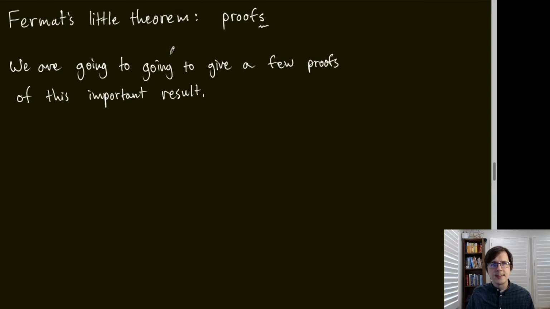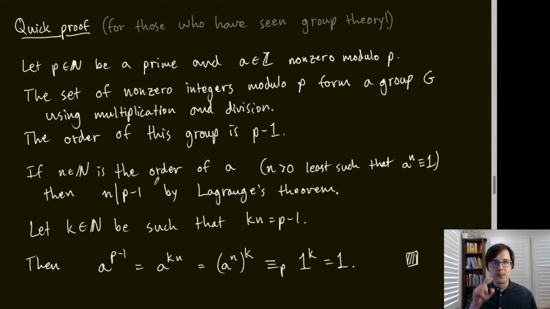So now it's time to prove it, and I'm going to actually give multiple proofs. Each of them shows how to prove it in a slightly different way. And I guess we proved it already, but using stuff that we haven't seen yet, which is Euler's theorem. So let's do the quick proof, which I'm not expecting you to understand. If you've seen group theory, then you'll be like, oh, okay, I see that it's true.